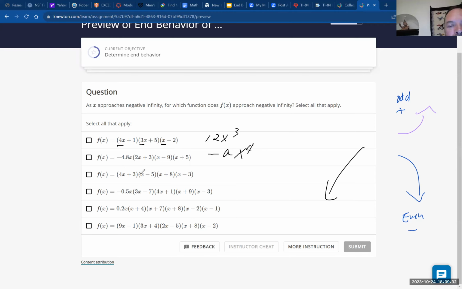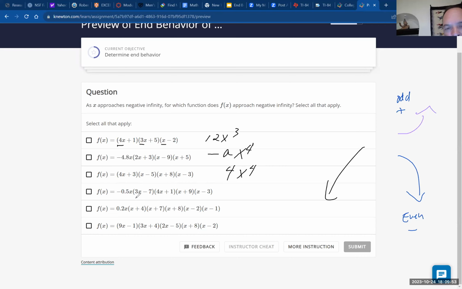So 4 times 1 is 4, times 1 is 4, times 1 is 4, times 1 is 4. And then we have a power of 1, another power of 1, another power of 1, another power of 1. So it's a power of 4. And then this is a half.